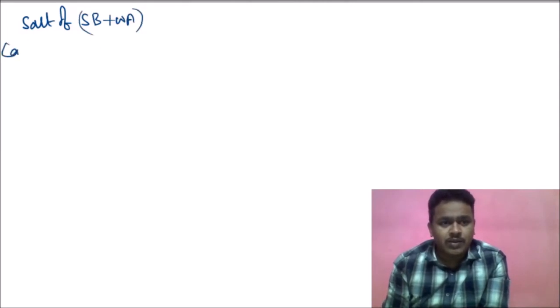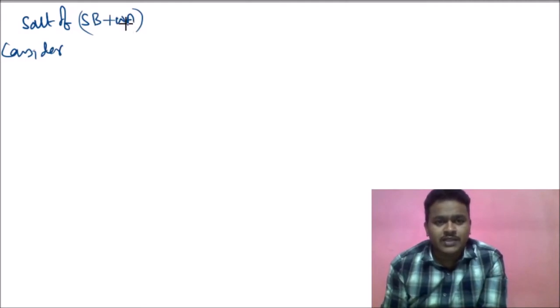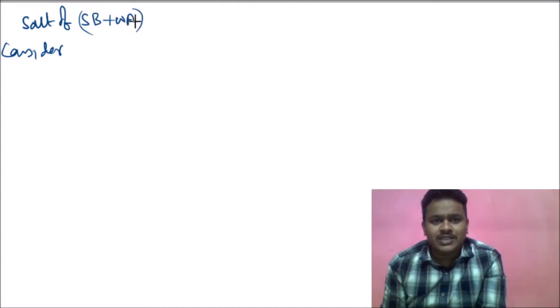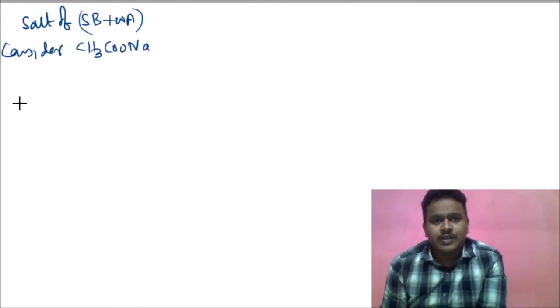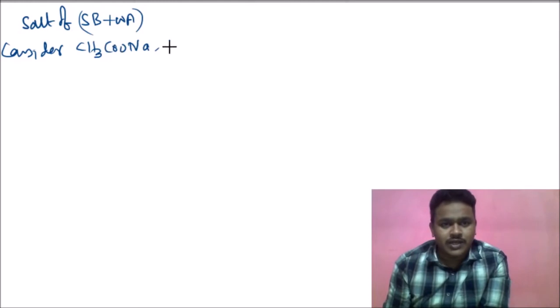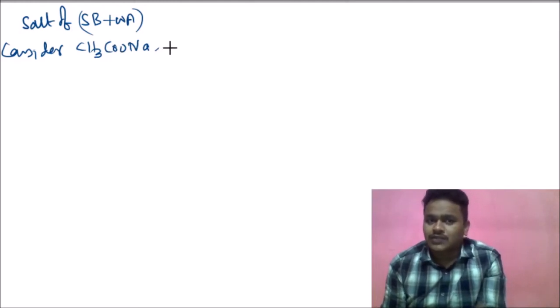Consider a strong base, NaOH, and a weak acid, acetic acid. Both combined, what is the salt you are going to get? CH3COONa. This is sodium acetate. This is completely dissociated in the water. That's what we studied.